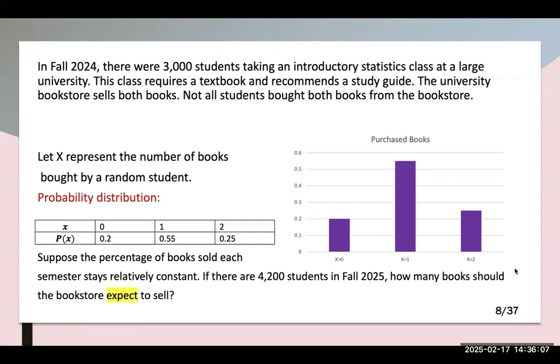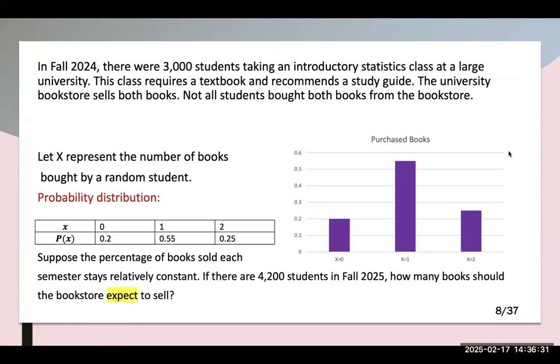You don't want to have too many books. Maybe you could sell them the next semester, but sometimes book requirements change. So you want to have the right amount of books because they take space and you could use that space for selling other things. So you don't want to buy too many books and you don't want to buy too few books. So how many should we expect to sell in fall 2025?